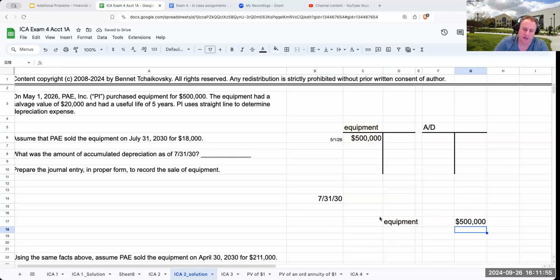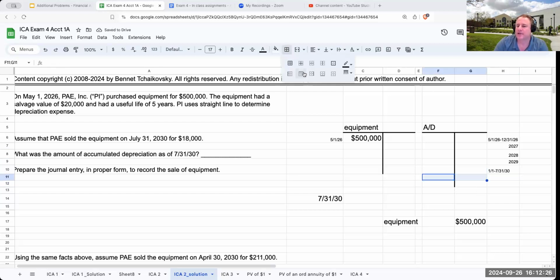But at the same time, from 5/1/26 to 12/31/26, then all of 2027, all of 2028, and even 2029, and then from 1/1 through 7/31/30, I've been using this asset.